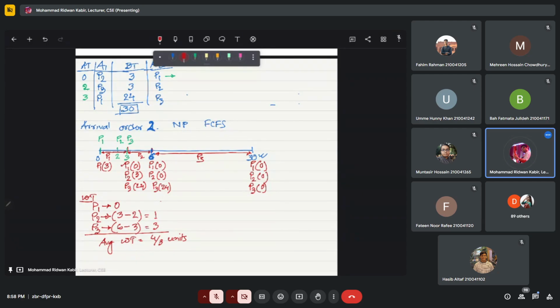Now what if the processes arrived in a different order? I think I'll have to adjust this table for that. Now let's say your processes arrive in the order P3, P2, P1, maintaining the arrival times 0, 2, and 3.